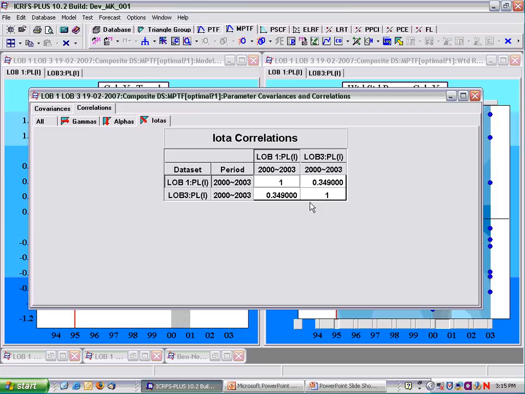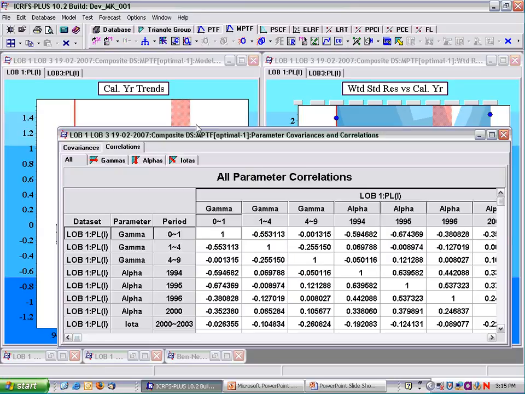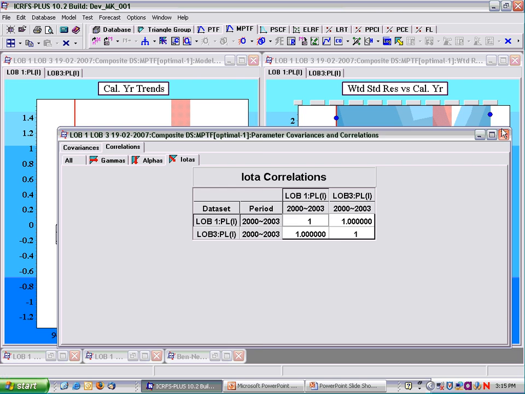It's going to be more than 50% because these two trends going forward are correlated. Okay, let's optimize again, and now the correlation will have to be 1 because the two parameters are the same.